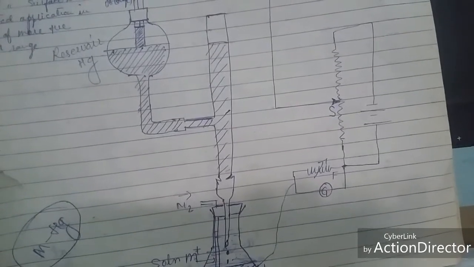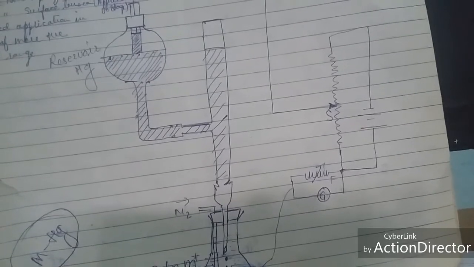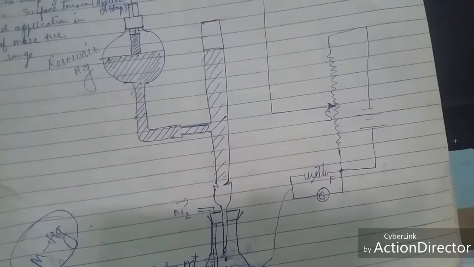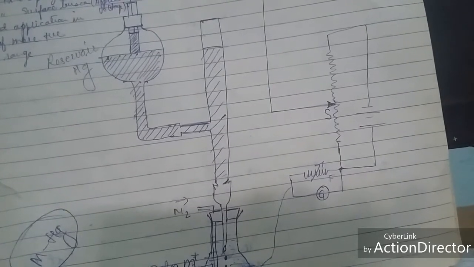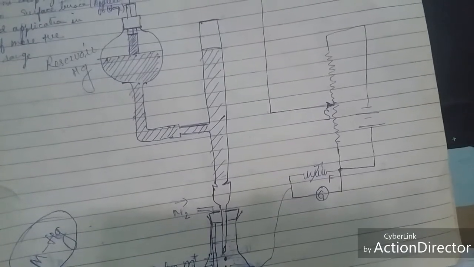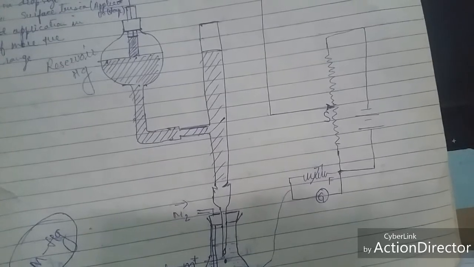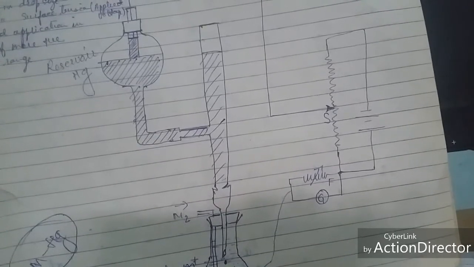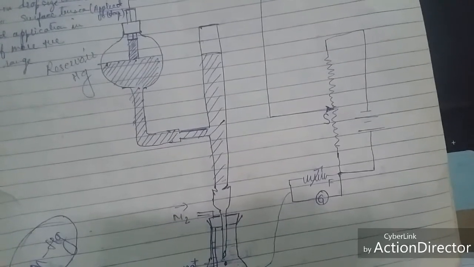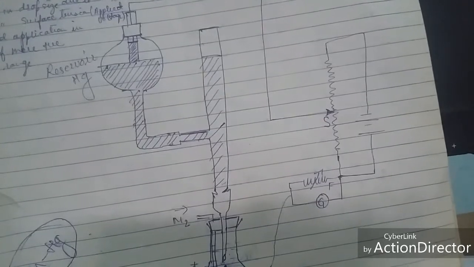And the diffusion current attains a steady value after each change of the applied voltage, and since the area of the electrode is very small, the actual current that is passing will also be small. Therefore the concentration change will be negligible, and since the electrode is continuously renewed, there will be a series of reducible species which can be estimated in one solution.